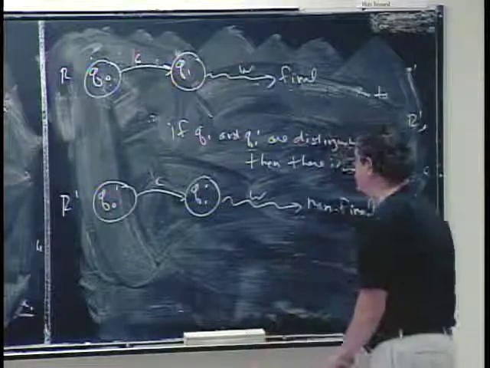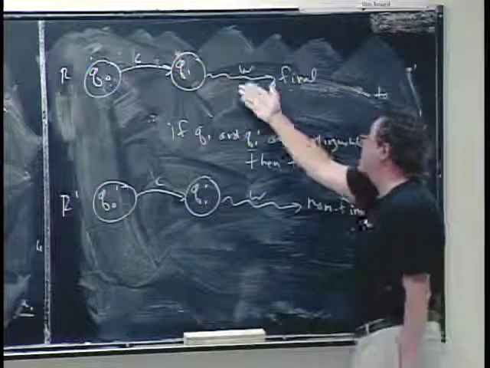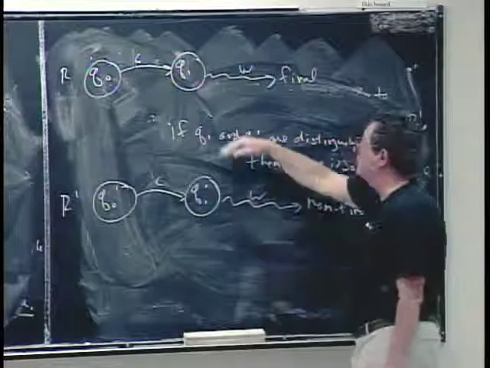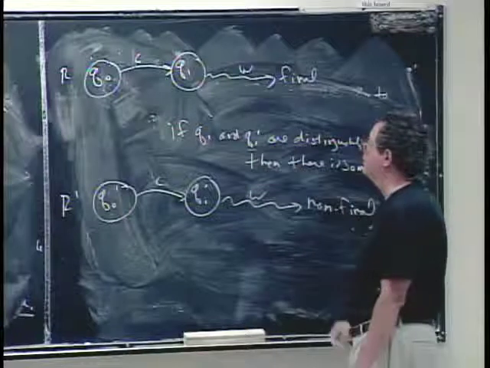That's what it means to be distinguishable. Of course, it may be that on W this goes to a non-final and this goes to a final, but all right, that's what it would mean for Q1 and Q1 prime to be distinguishable.